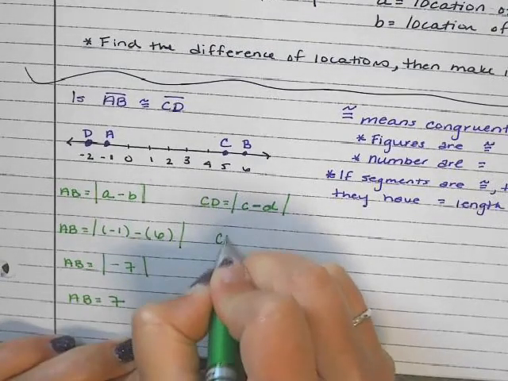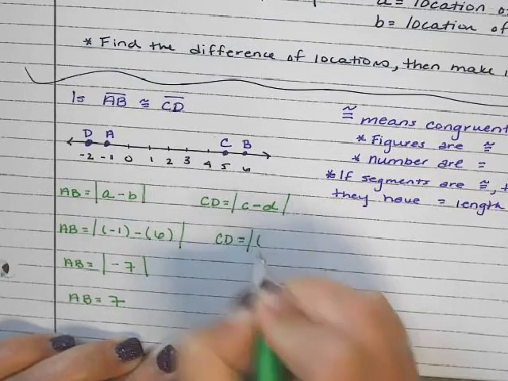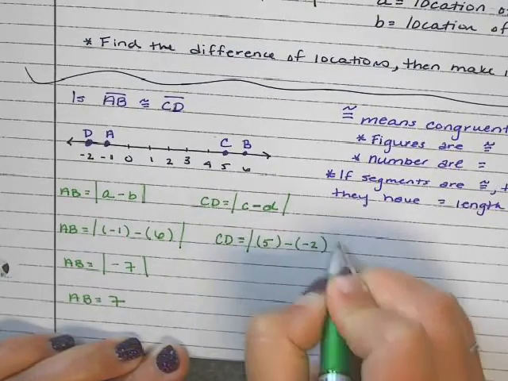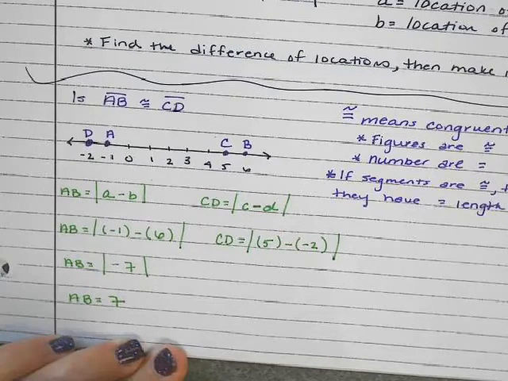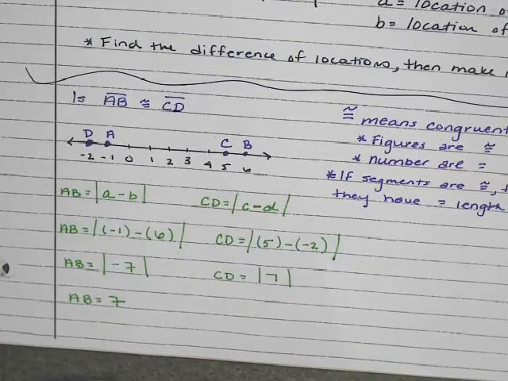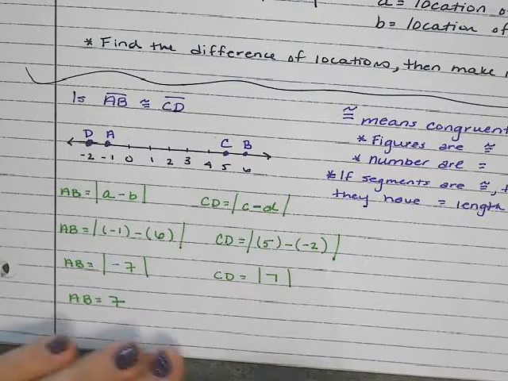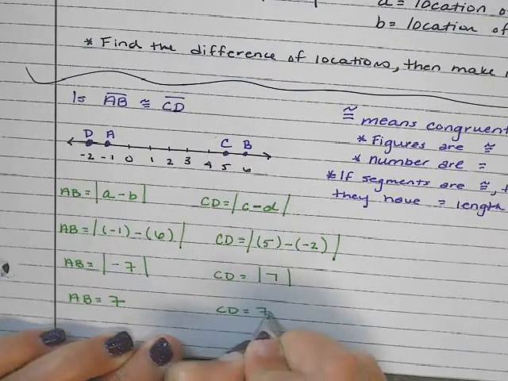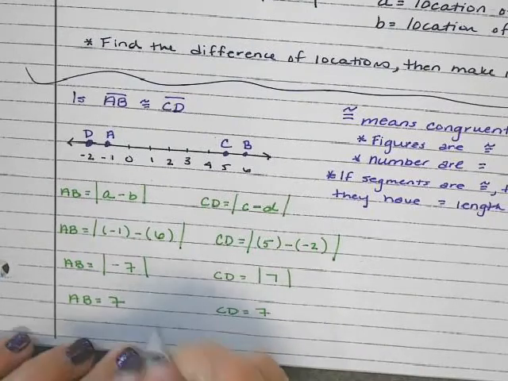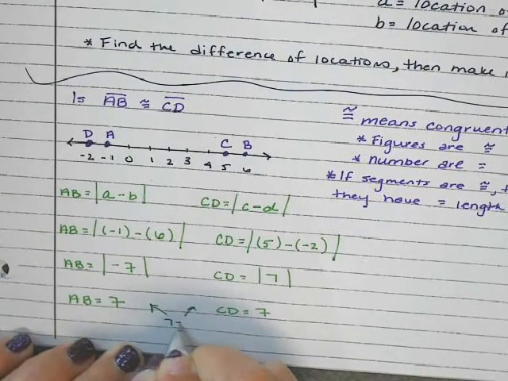Okay, then we're going to do the same thing with CD. The location of C is at 5 minus the location of D, which is at -2. When you subtract a negative, it turns into adding. So we have 5 plus 2 in there. So the absolute value of 7, and the absolute value of a positive number just stays positive. So this is just going to stay 7. Okay, so now that we did the hard work, we know that 7 equals 7.